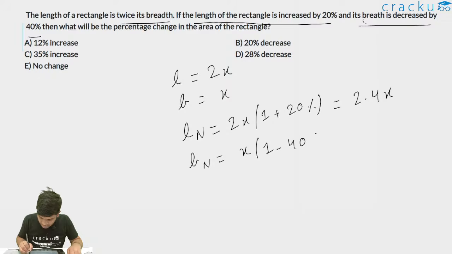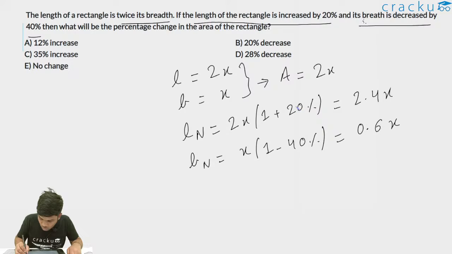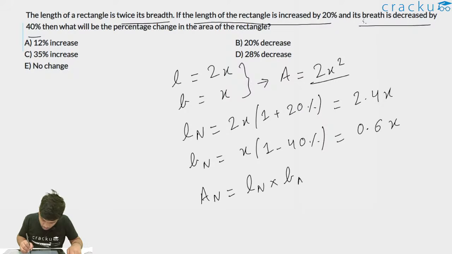Okay, and new breadth will be x into, it is decreased by 40%. So 1 minus 40% is nothing but 1 minus 0.4, which will give us 0.6. So it will be 0.6x. Now the initial area was 2x into x, which is equal to 2x square. Okay, now the new area will be new length into new breadth.